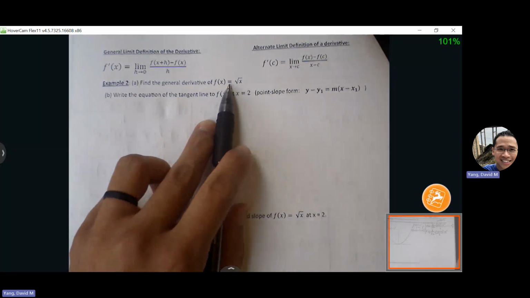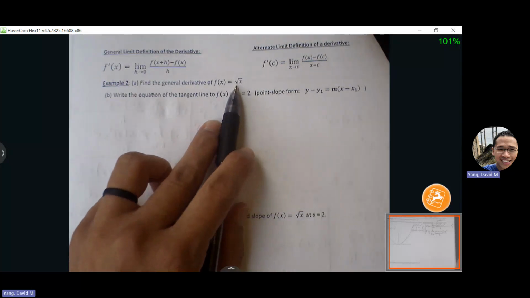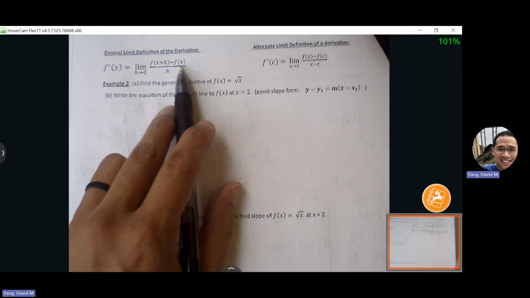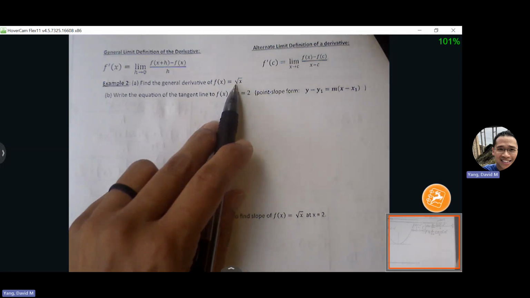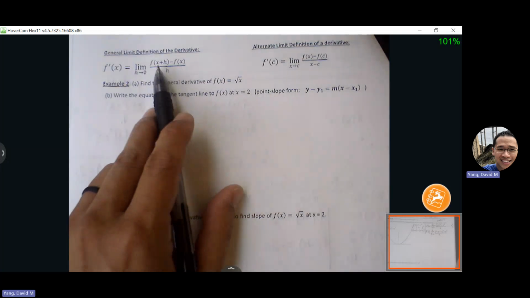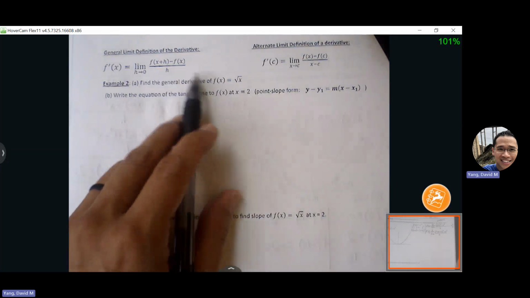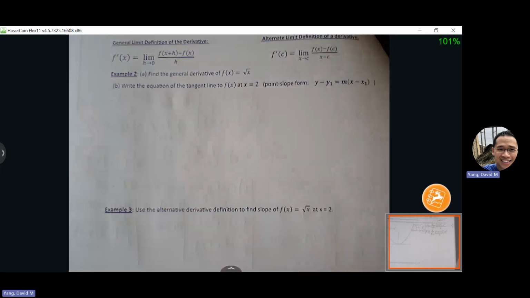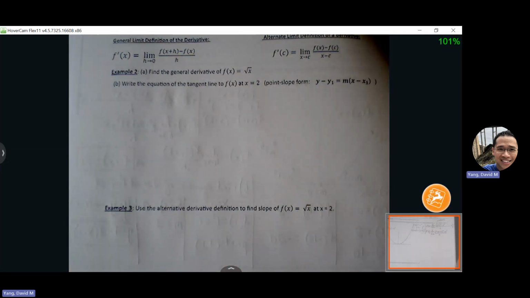So it says find the general derivative of root x. We first have to get the numerator of our definition out of function notation. For this particular function, f of x plus h, all that's doing is replacing every x you see with an x plus h. So you're just removing the x and putting the x plus h, and that's going to be your f of x plus h.